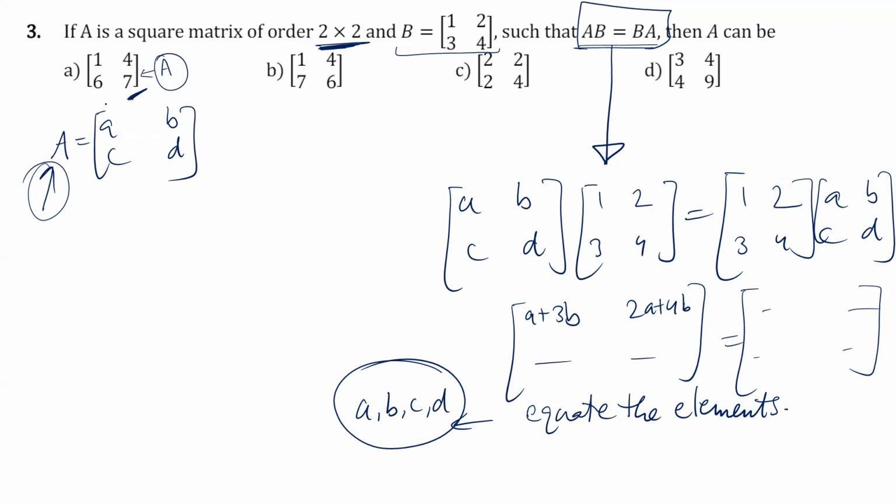So you will get actually this option only, option A. You can check other options, they will not be valid. So from here also you can find ABCD and find the matrix A, or you can check the options also in such a simple question.